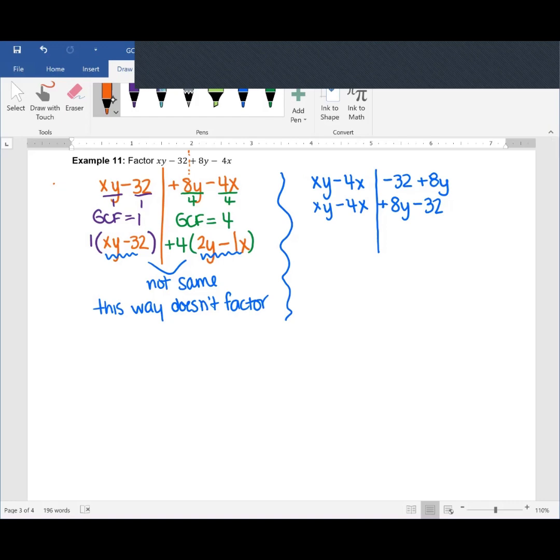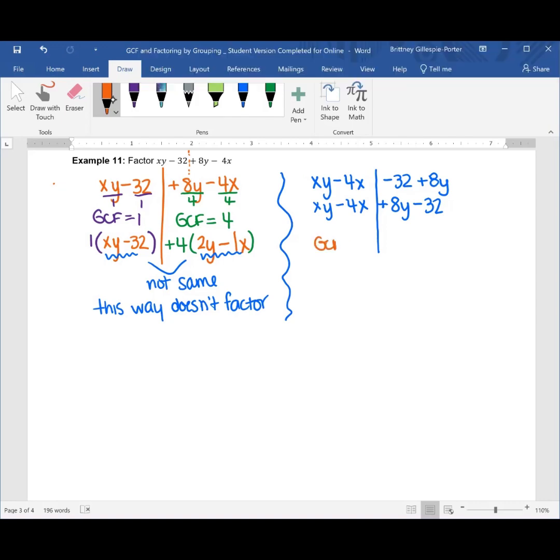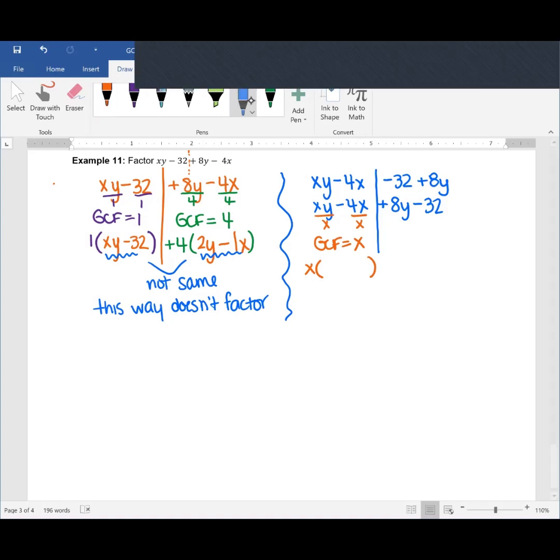Our smallest coefficient, our smallest number is 1, which means our GCF would include a 1 for its number, but luckily we got a variable here because they both have an x. So we're going to divide each term by x. And remember, you can skip that work step that I just wrote in orange if you're comfortable doing the mental math.